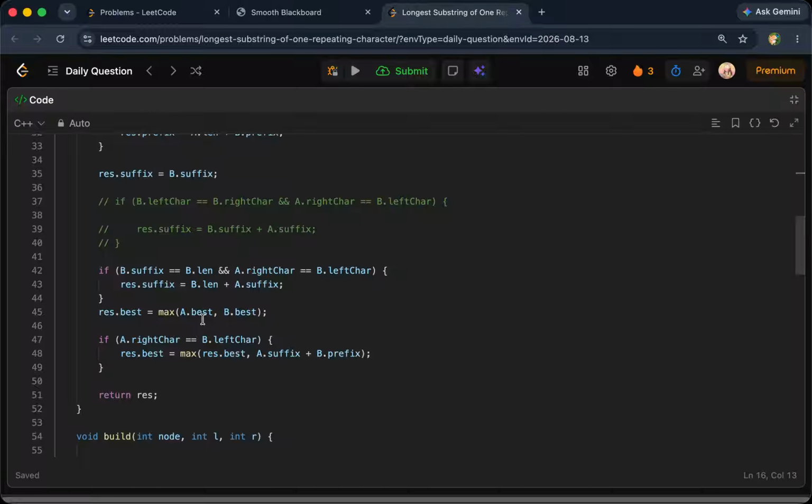The merge logic was also wrong, which is why some test cases passed but hidden cases failed.